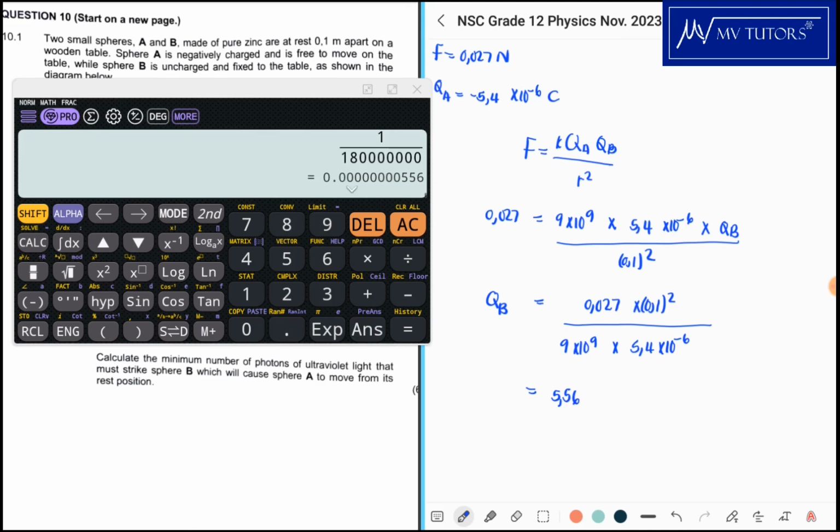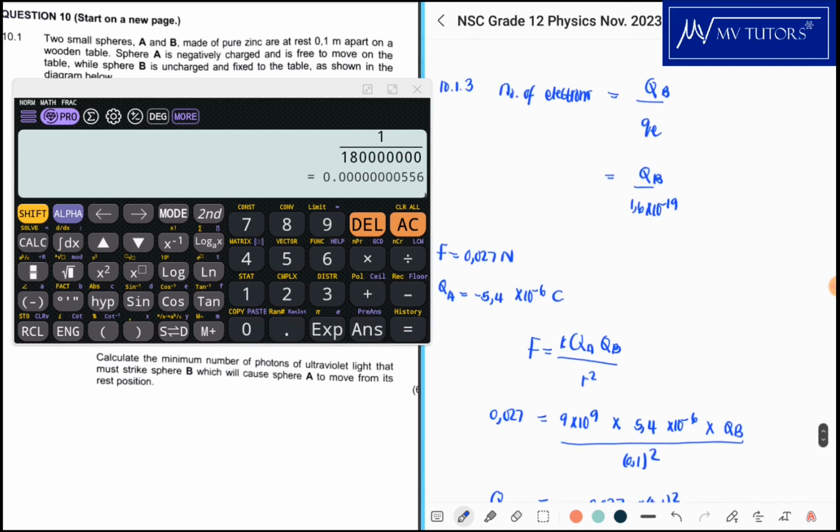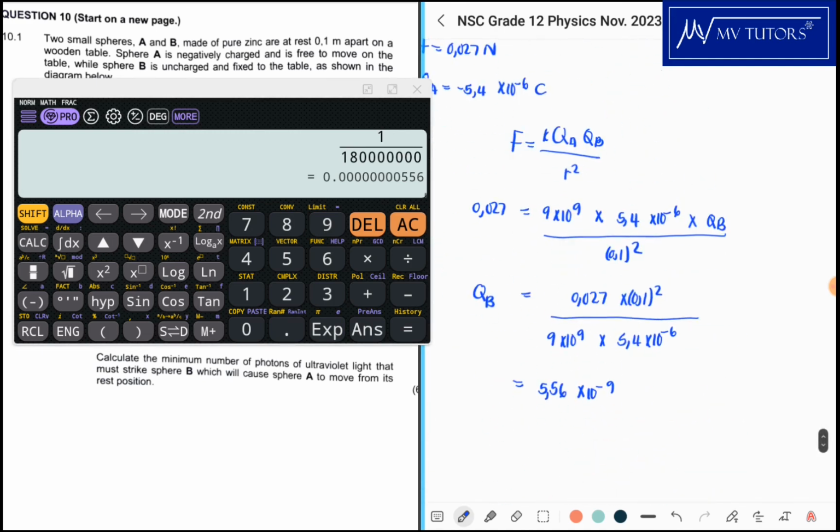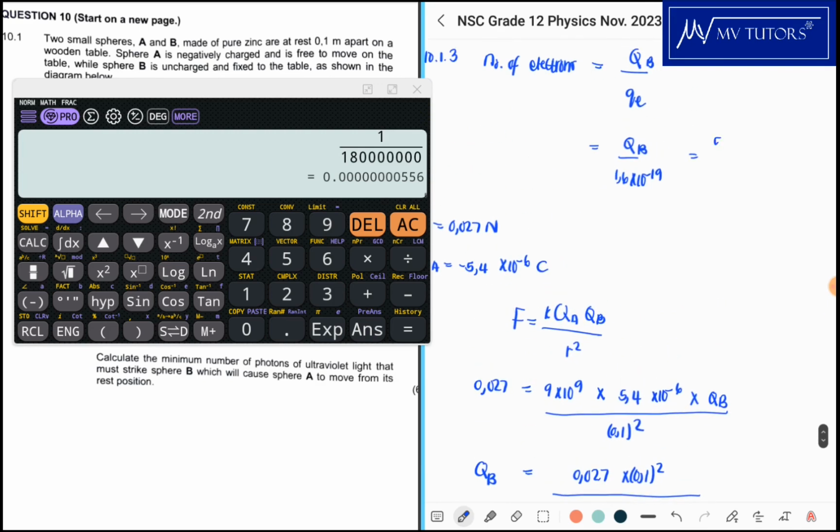So let me just count backwards. I have 1, 2, 3, 4, 5, 6, 7, 8, 9. So times 10 to the power negative 9. My word, I don't know why this calculator is not putting it in scientific notation. Jeez. Okay, now we go back and let's see. The charge, we have it as 5,56.